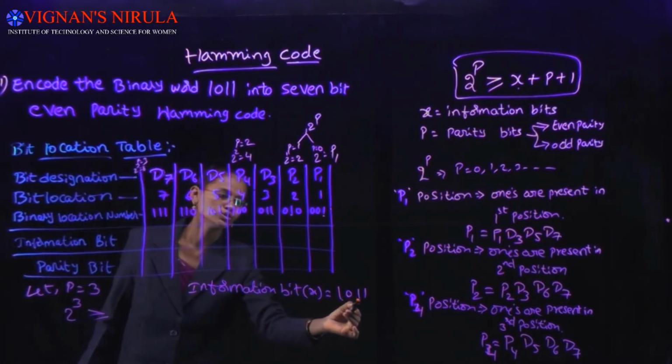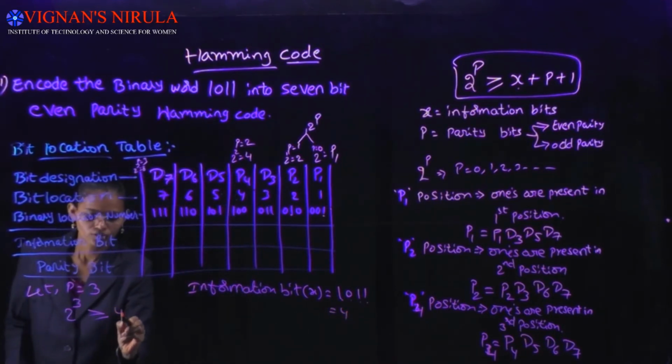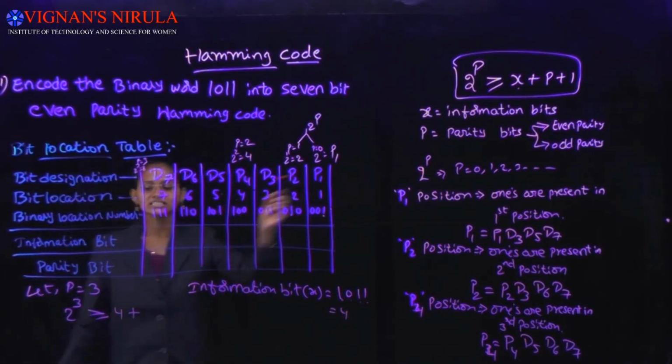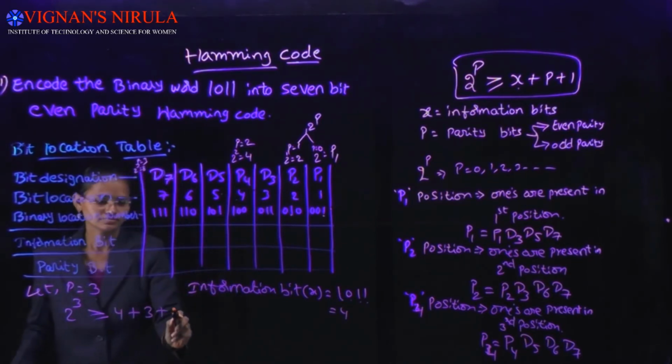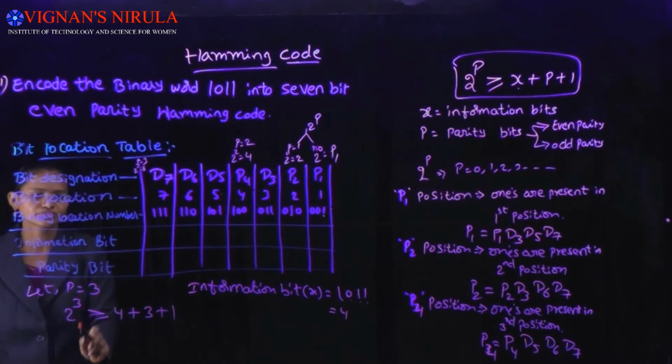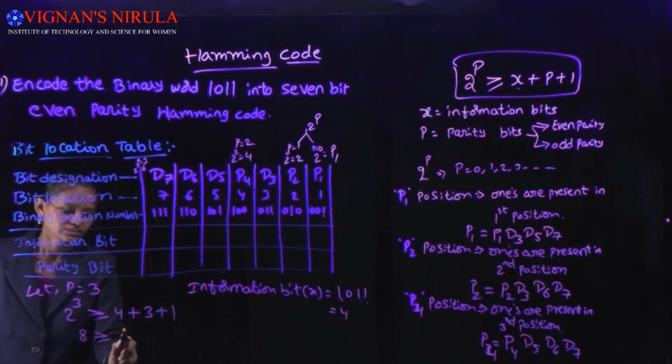that is 1, 2, 3, 4, 4 bits. 4 plus P, considering 3, plus 1. 2 power of 3 is 8, which is greater than or equal to 7 plus 1, 8.